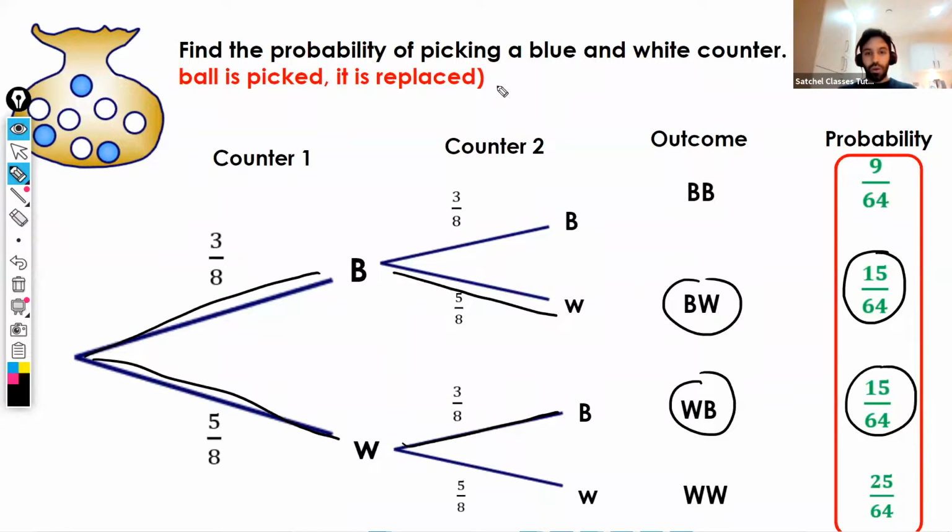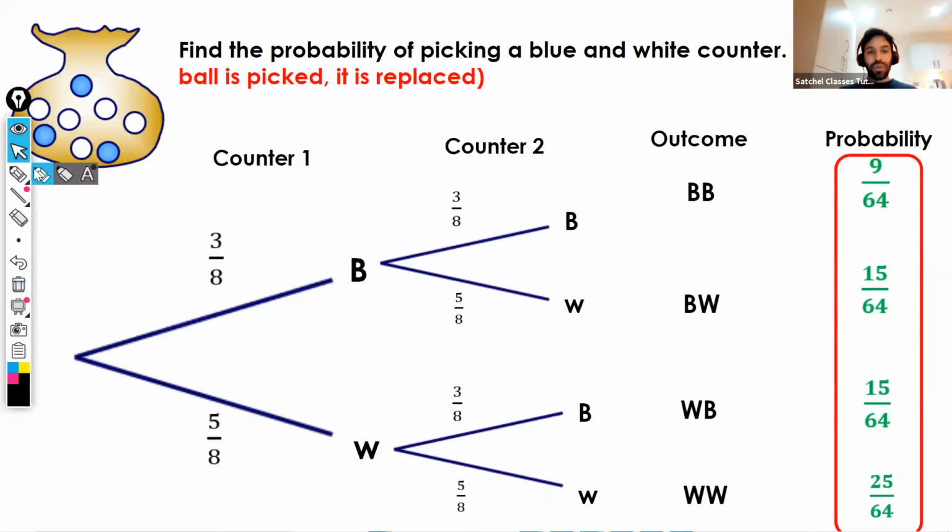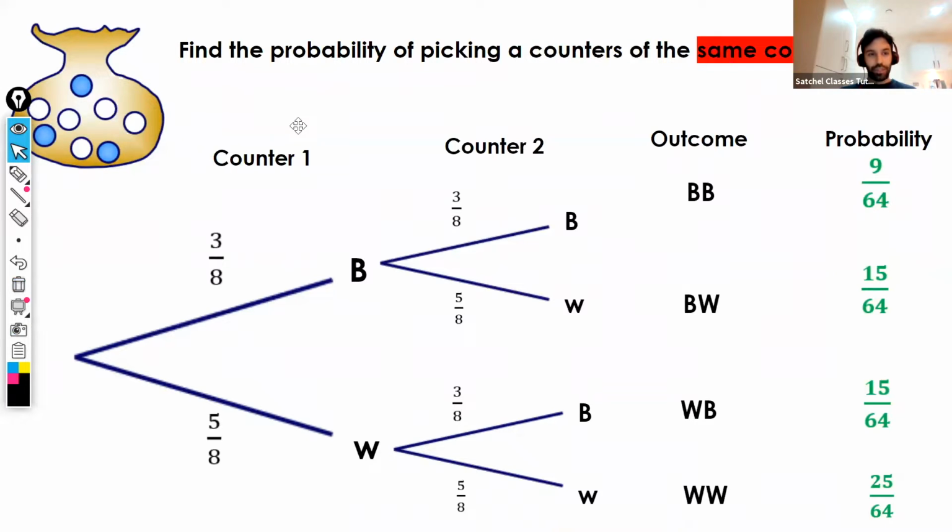So 15 over 64 plus 15 over 64 is going to be 30 over 64. And I can simplify this to 15 over 32. All right. So this is an example where counters are replaced.